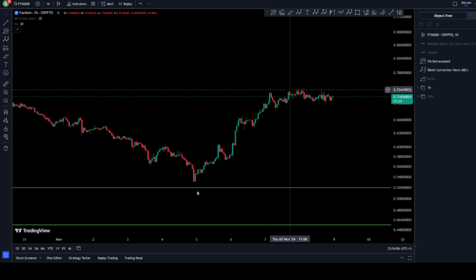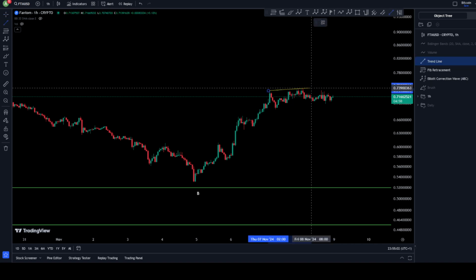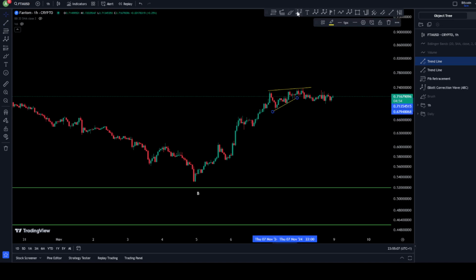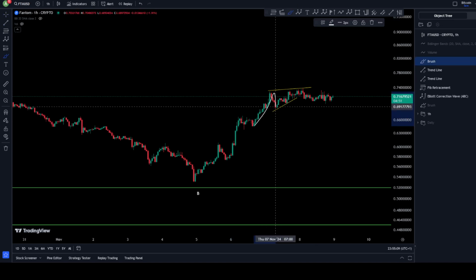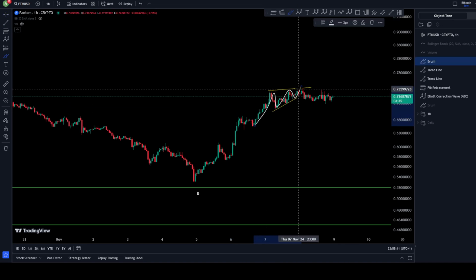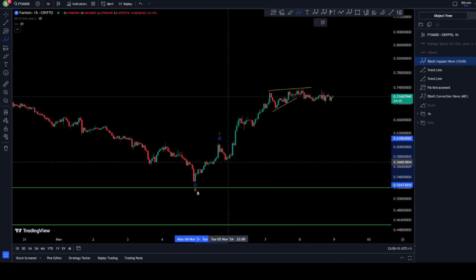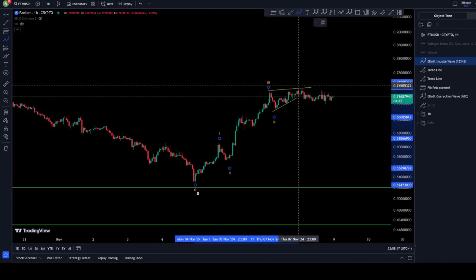It could be finished. Yes, it can be finished like this. Here we go, very small. However, 1, 2, 3, 4, and a 5, finished wave 5. So yes, it can be, guys.